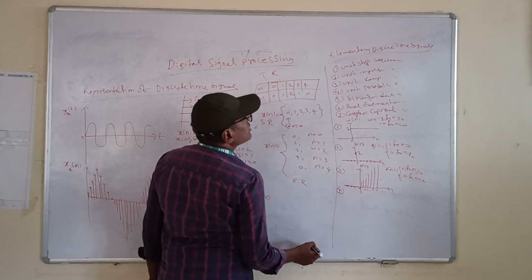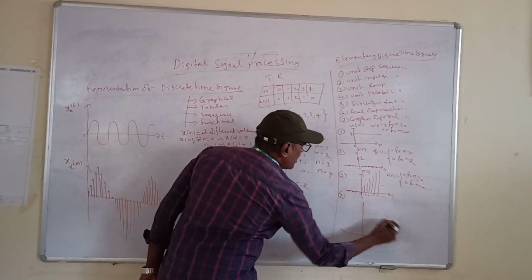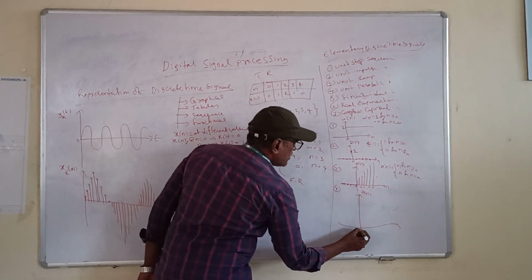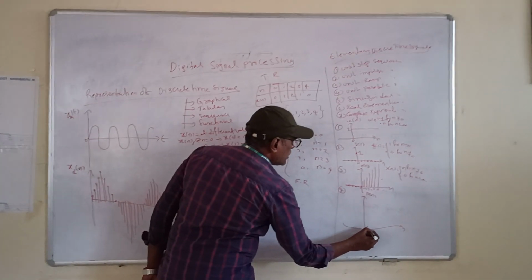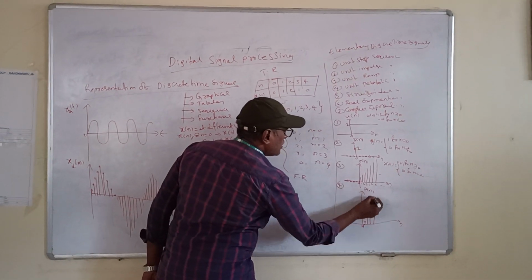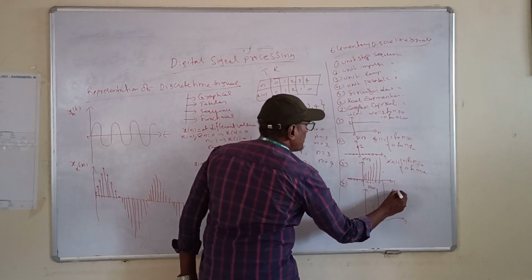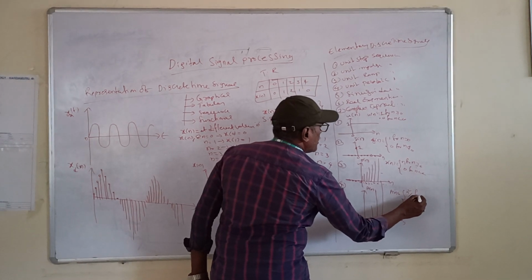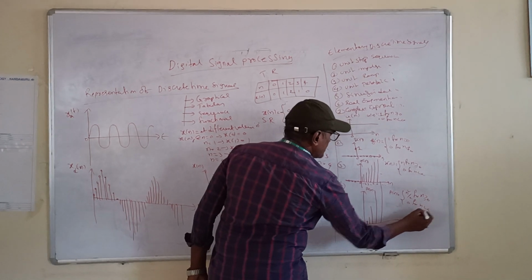And the fourth one is unit parabolic sequence, p of n, for n equal to 0, 1, 2, 3, 4, 5. The function is p of n equal to n square by 2 for n greater than or equal to 0, and 0 for n less than 0.